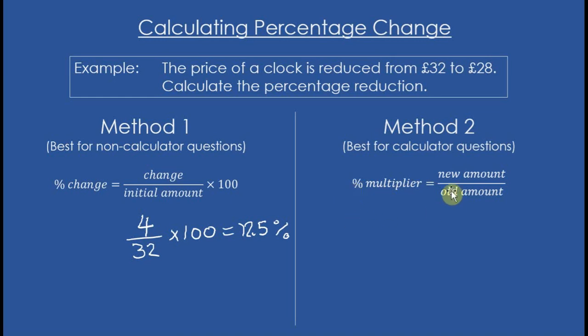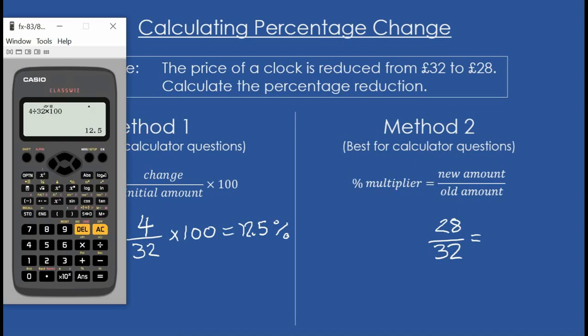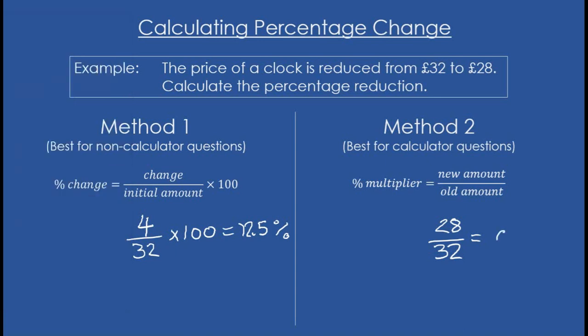So we're simply going to do the new amount divided by the old amount. So the new amount was 28, the old amount was 32, and when I do that on a calculator, we get 28 by 32, 7/8, or 0.875.